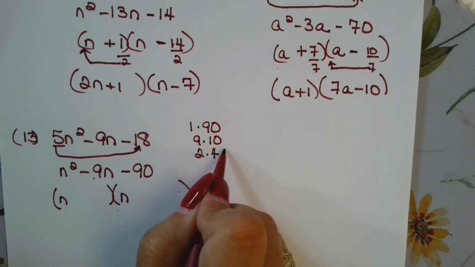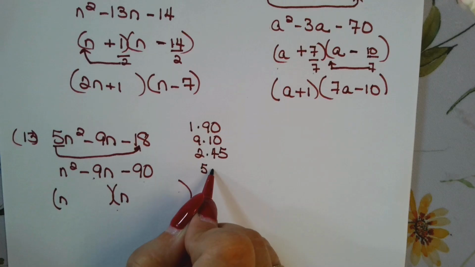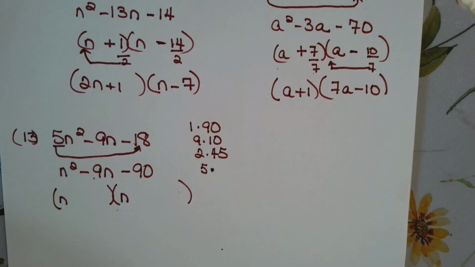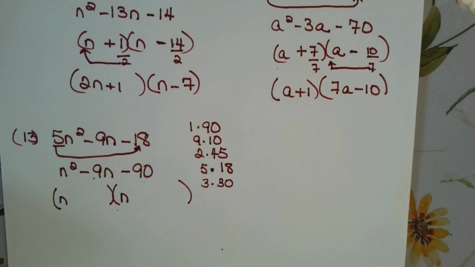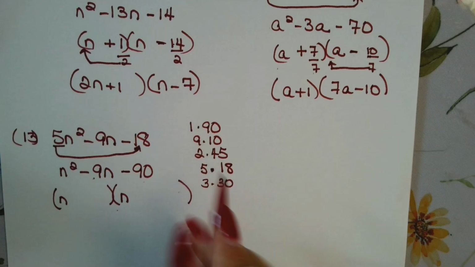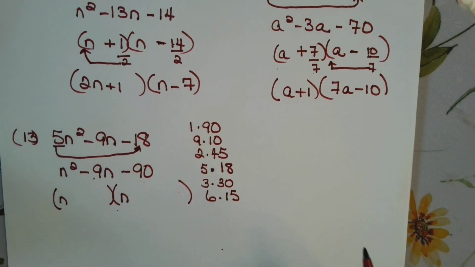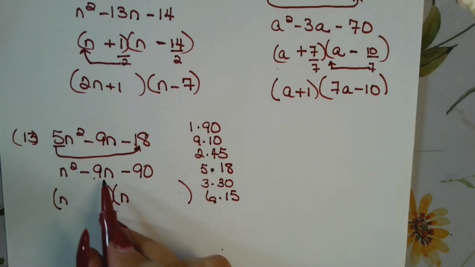2 and 45, 5 and 18, 3 and 30, 6 and 15. 15 minus 6 is going to give me 9.